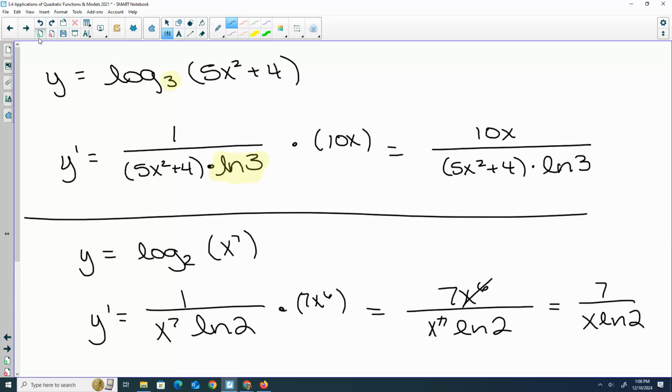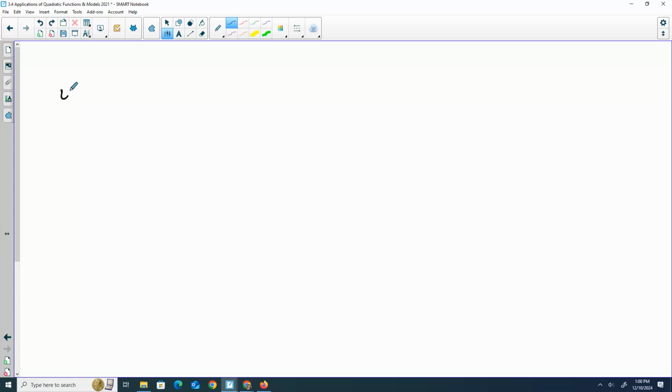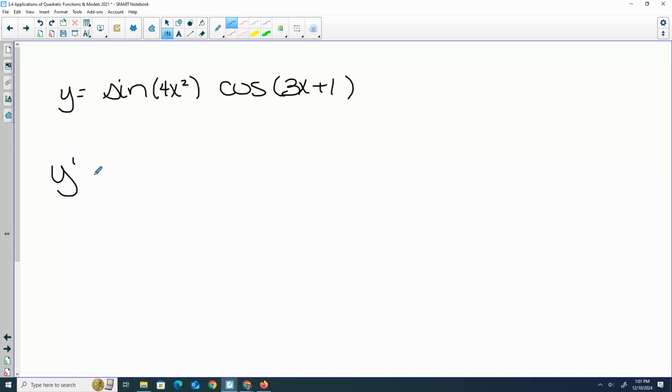Okay, so something with trig functions. If I gave us this, product rule. So derivative of the first, derivative of sine is angle stays the same, but we'll have to do times derivative of the inside.